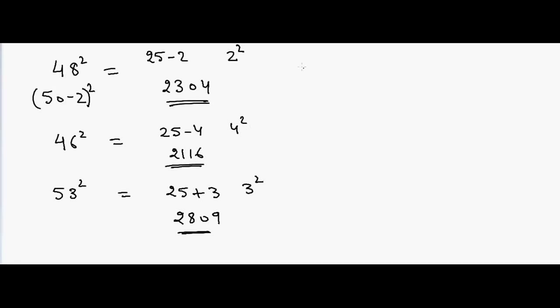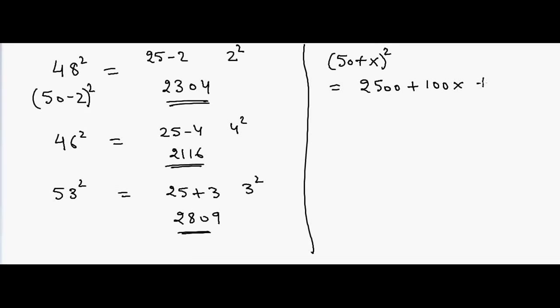How this trick works, let's look at the left side. If we have something close to 50, it can be written as 50 plus x whole square, and that can be written as 2500 plus 100x plus x square, which is equal to 25 plus x, into 100, plus x square.